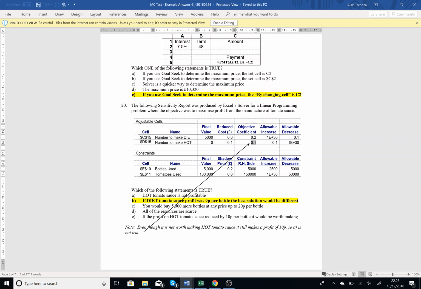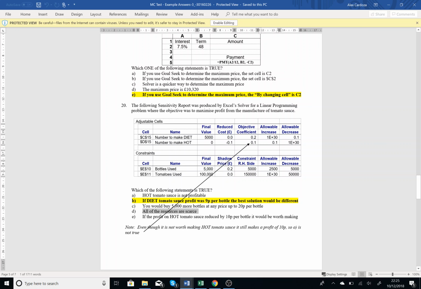That's its contribution, so it must be making a profit. As long as that's positive, it must be making a profit. You would buy 5,000 more bottles at any price up to 20p. Well, you wouldn't, because your allowable increase is 2,500. So you would only buy 2,500 at a shadow price of 20p.